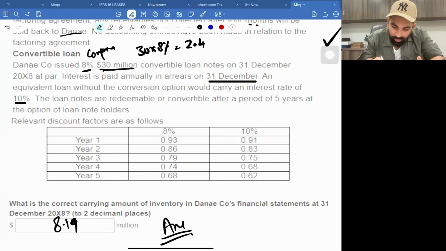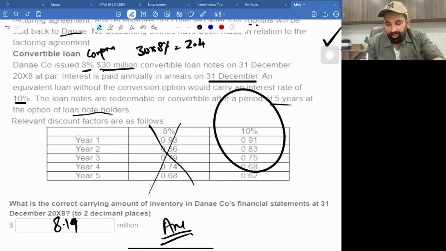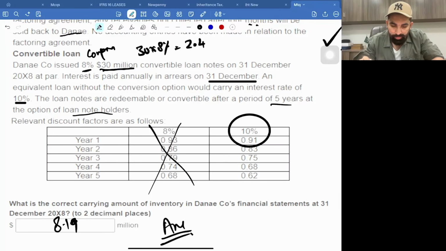Now, without the conversion option, the loan notes are redeemable or convertible after 5 years at the option of the loan note holder. Hope you remember, 2 discount factors are given. So always cross-check this one. We do discounting at the market interest rate. Okay, so let's do it now.